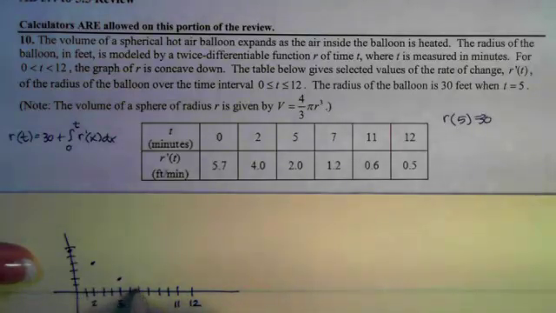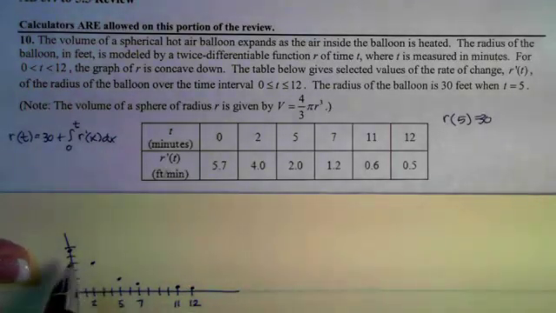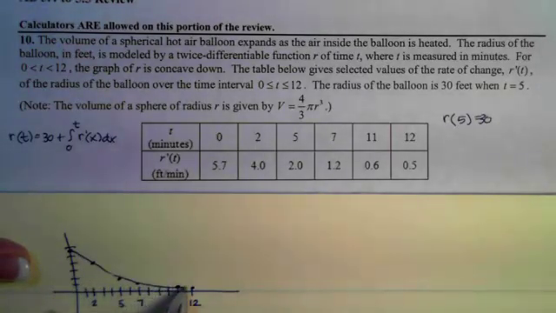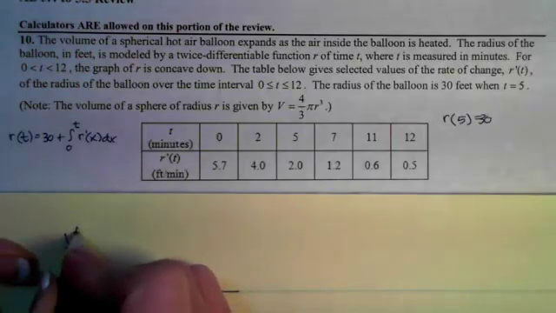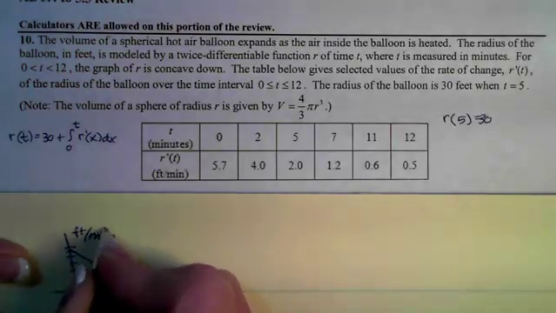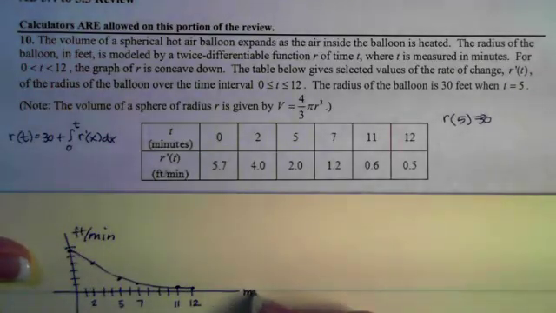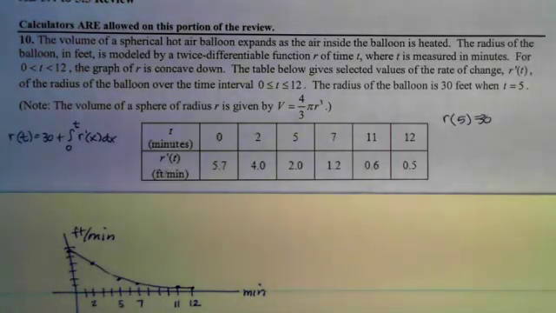At 7 I'm at a 1.2. At 11 I'm at a 0.6. And at 12 I'm at a 0.5. We can see that the graph of r prime, which is measured in feet per minute, where the input is in minutes, is a decreasing function.